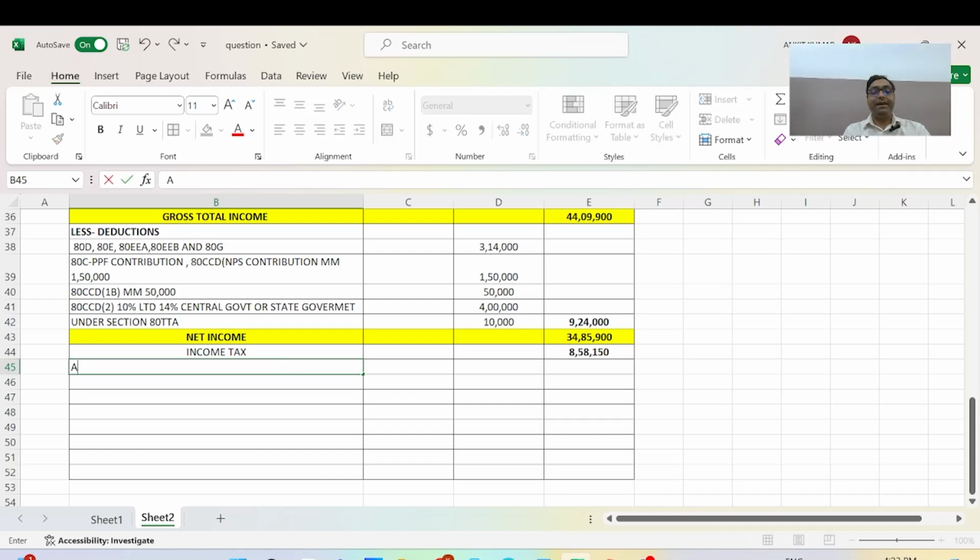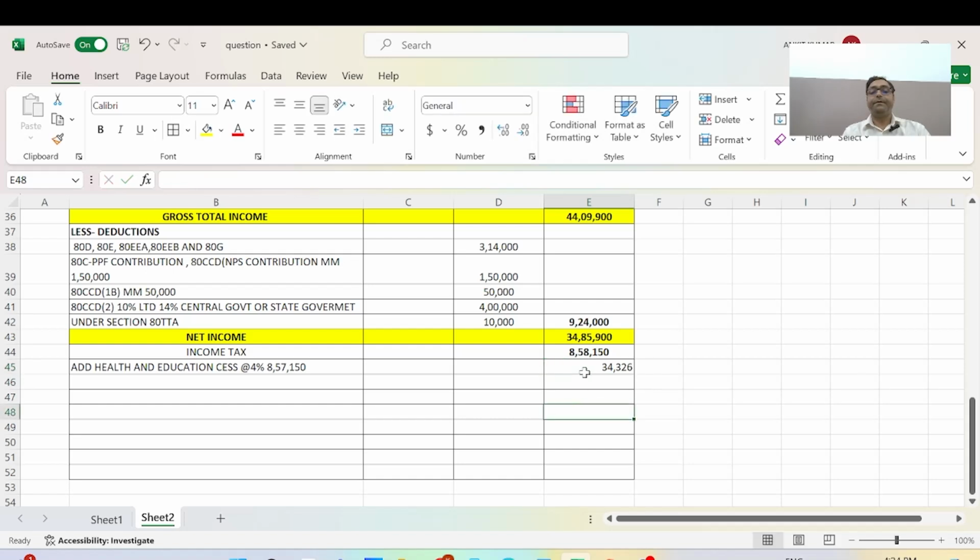Now we will add health and education cess at the rate of 4% on 8,58,150 rupees, which comes to 34,326 rupees.